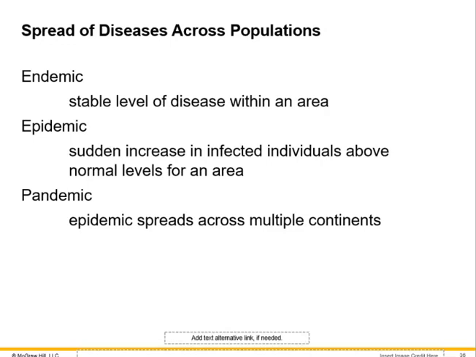A pandemic occurs when an epidemic spreads across multiple countries or continents and affects a large number of people. So we know COVID-19 was a pandemic because it impacted nearly every country worldwide. Versus endemic is a disease that is consistently present at a stable level within a particular region. So malaria within Africa would be an example of that, or chickenpox before the vaccinations occurred. That was pretty much widespread, and that would be endemic.